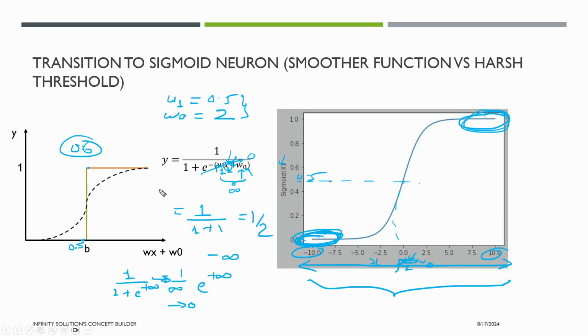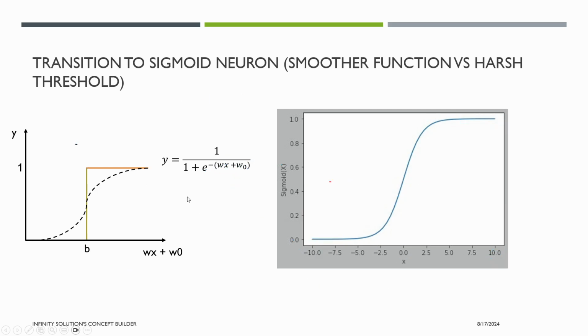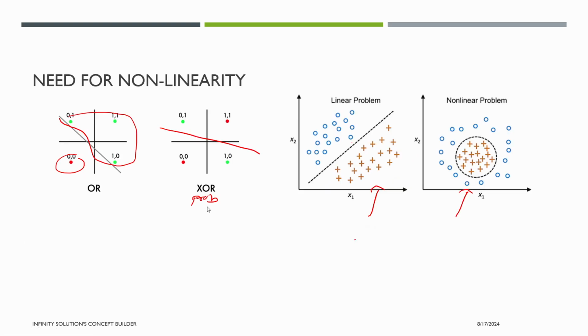So now let's see some hands-on session, how this function is behaving and how to plot such a function in Python. For that purpose, I will go to the Jupyter notebook.